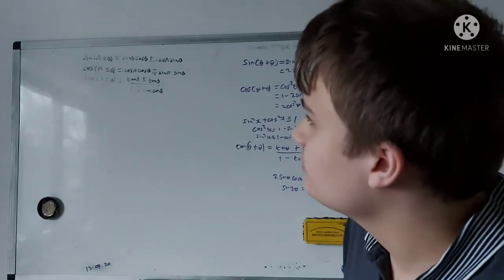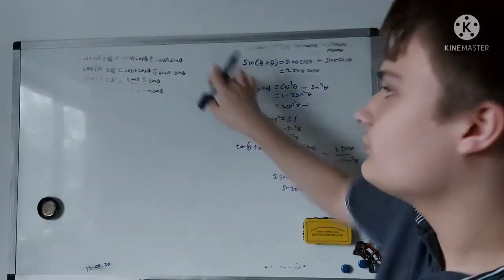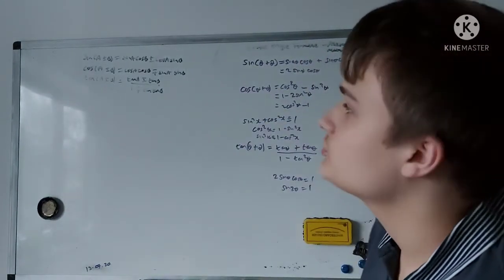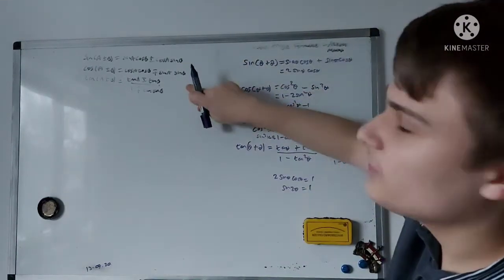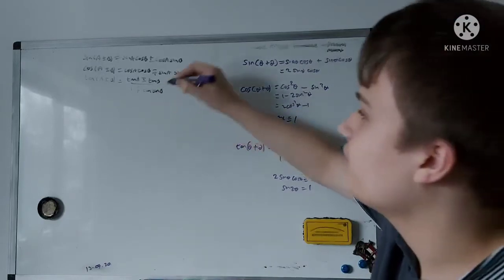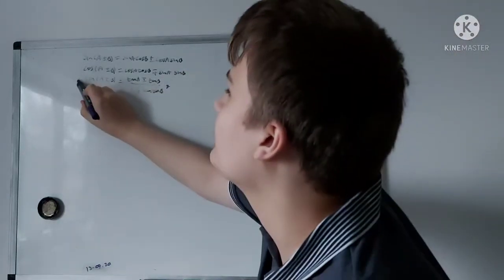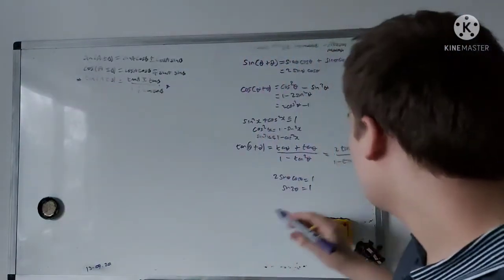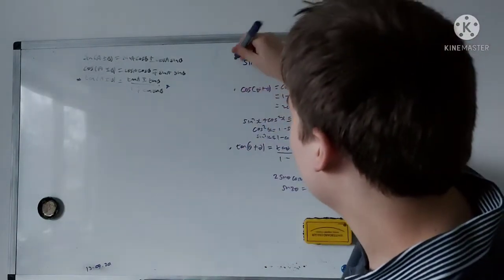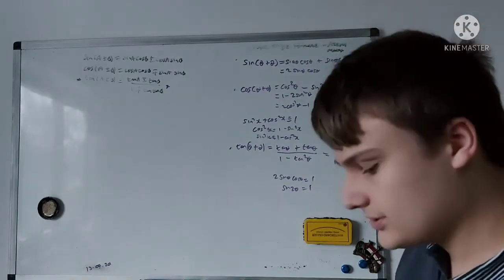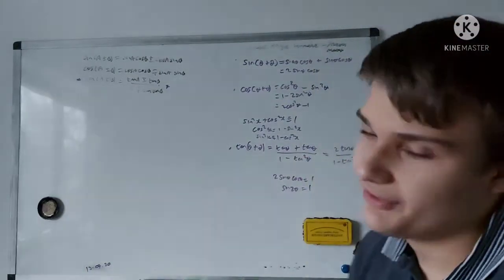By now, at this point in the course, you probably know that one pretty well. That one you might be a bit unsure of because it is kind of one in the dark. So we'll start that one. That is one that you might want to learn. These are good to learn as well, so make sure you know those off by heart, and obviously make sure you know your Pythagorean identity off by heart.